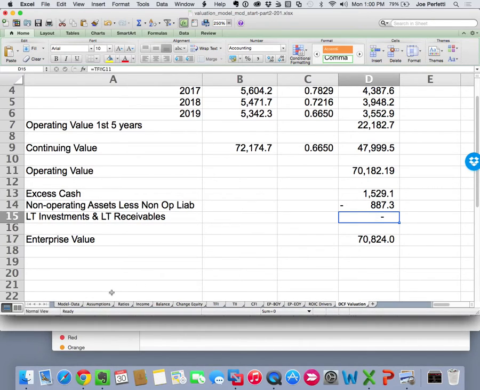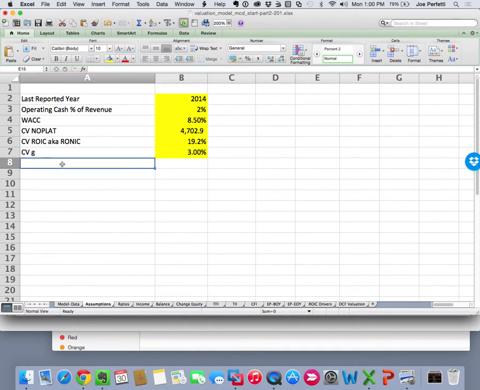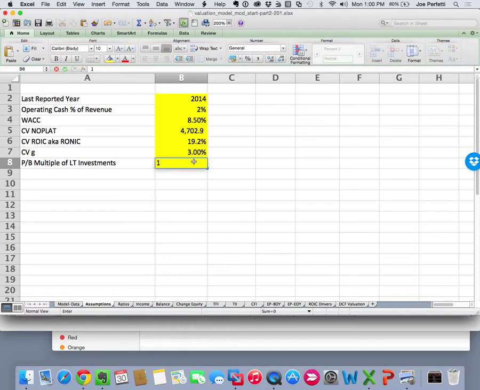So I'm going to come over here to the Assumptions tab and create a new assumption called the price to book multiple of long-term investments, and I'm going to make that yellow. I'm going to start it out as a 1.